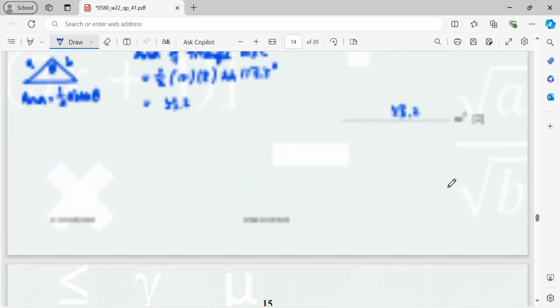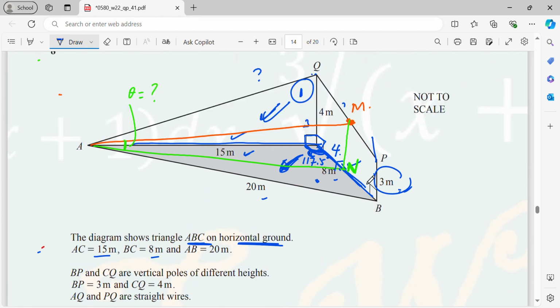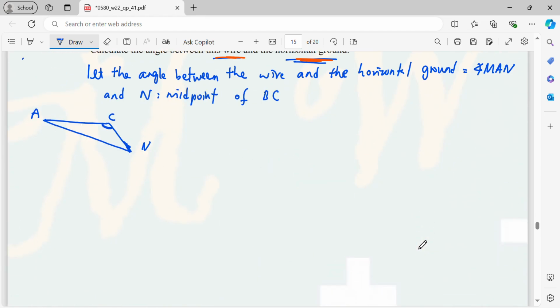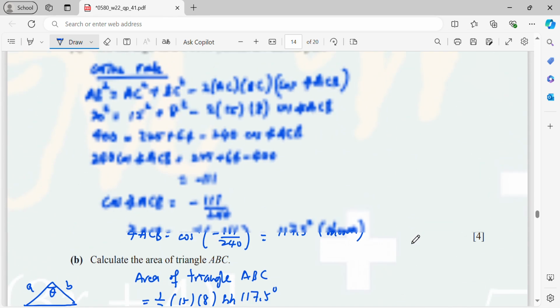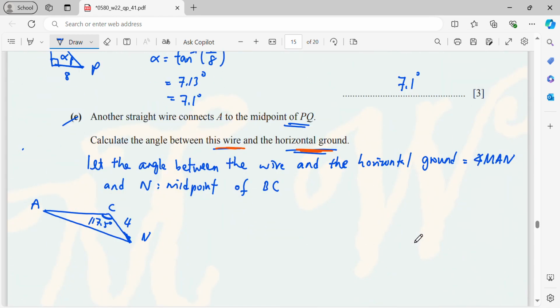ACN is the same as ACB, sorry, ACB, not ACM, which is 117.5 degrees, and this is 4. AN is what we need to find, but AC is given. AC is 15, so I will label AC as 15. I need to find what AN is.